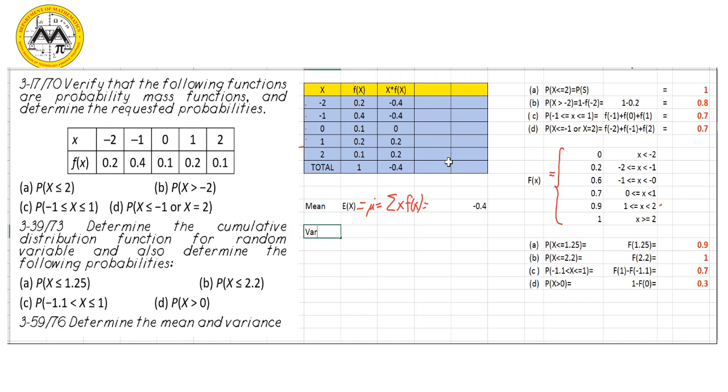For the variance, it is designated by V of x. Our symbol for variance is sigma squared.